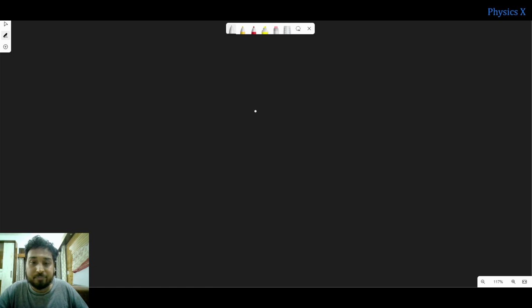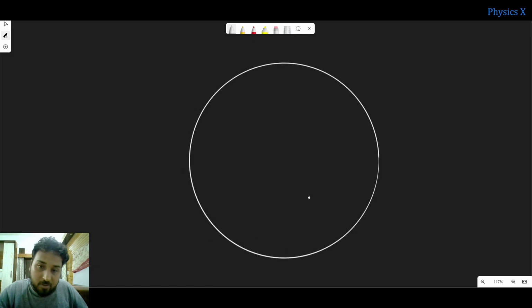Now this is your sphere, and let us consider both the convex and concave on this same part.